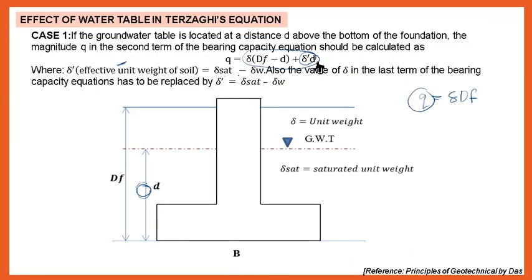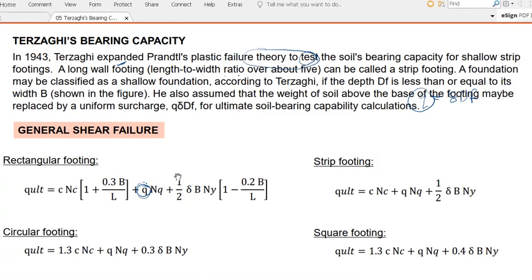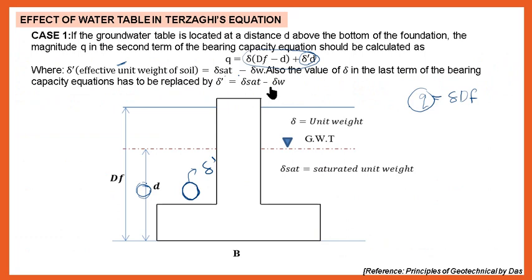Gamma prime times D. And then in our third equation, the unit weight gamma here is replaced with the unit weight prime, which is equal to the saturated unit weight minus the unit weight of water.